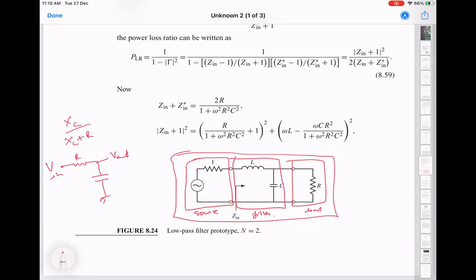And we know that as frequency increases, this capacitor's impedance is going to become close to 0. So the voltage drop here, V out, is going to go to 0 at high frequencies. At very low frequencies, this is going to look like an open. So V out will look equal to V in. So this also has some response like this, right?